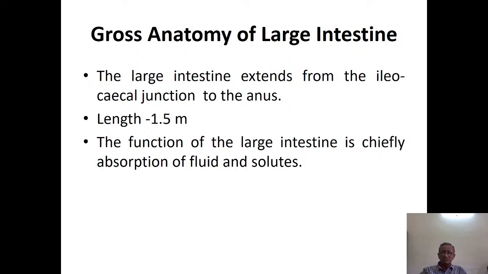So all the nutrients are absorbed by the time it reaches the large intestine, and in the large intestine only the fluid that remains in excess in the residual part of the food is absorbed, which has passed through all the small intestine.